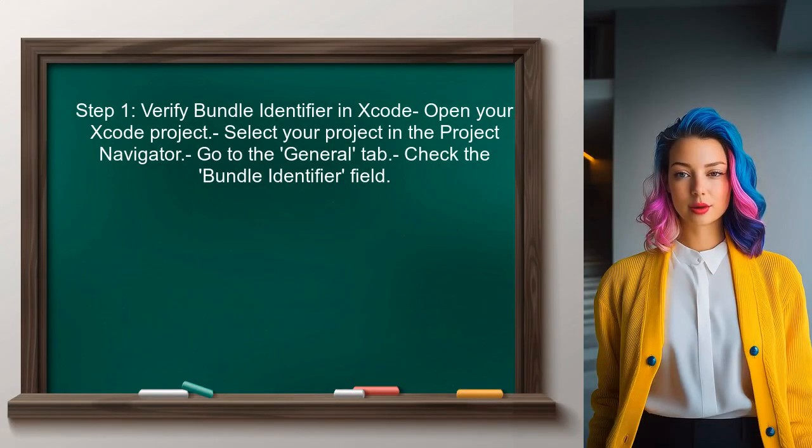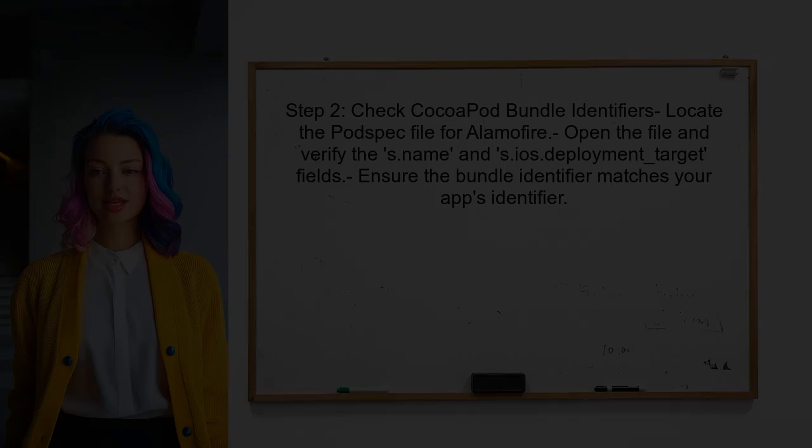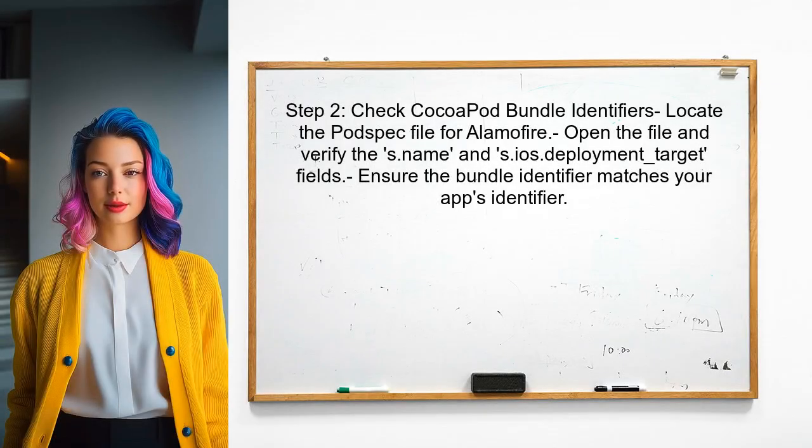To begin resolving the issue, the user should verify the bundle identifier in their Xcode project settings. This is crucial because the bundle identifier must match the one registered in iTunes Connect. Next, the user should ensure that the bundle identifier for each CocoaPod is correctly set. This can be done by checking the pod spec files for each pod, especially Alamofire.